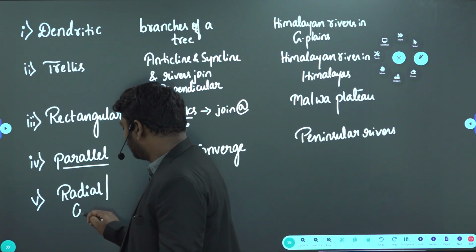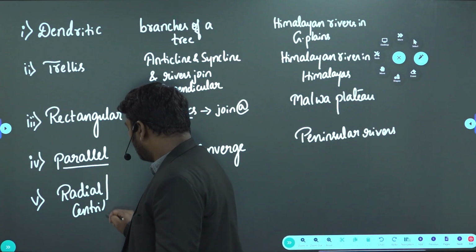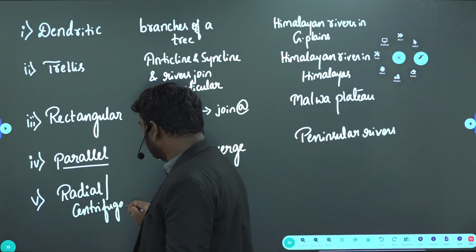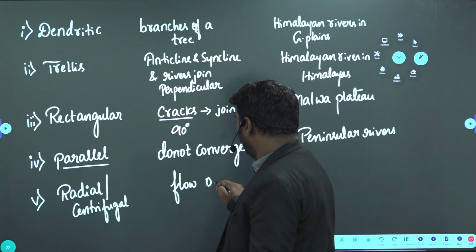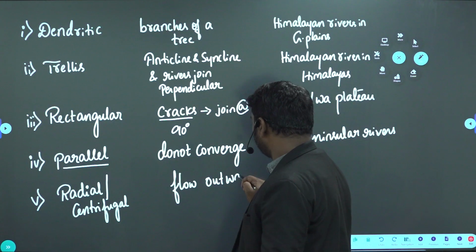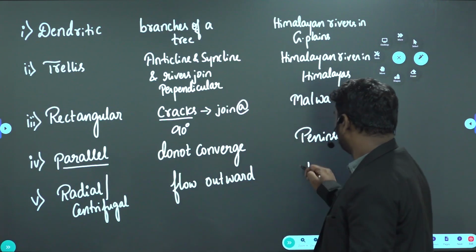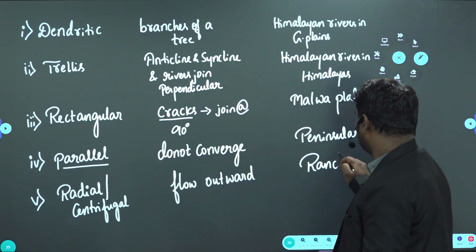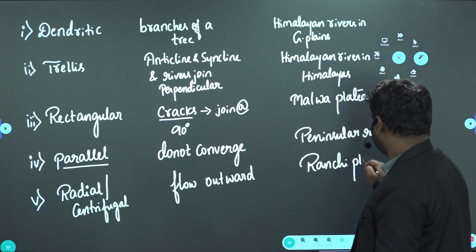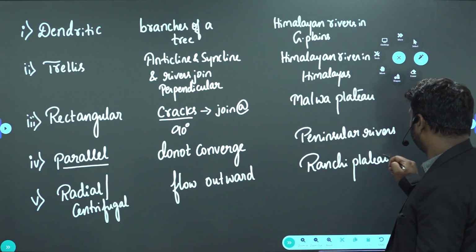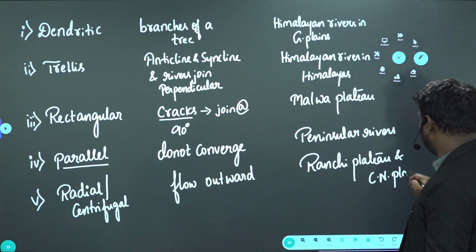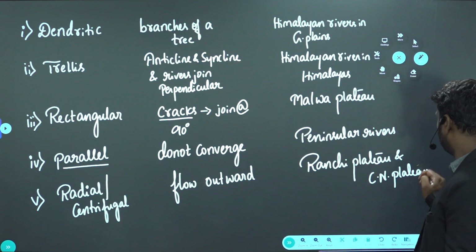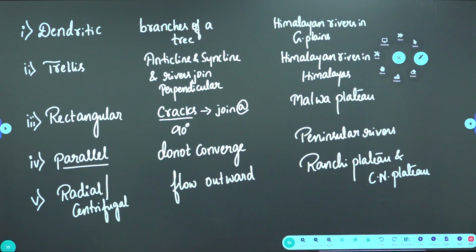Radial or centrifugal: flow outward. Ranchi Plateau, Chota Nagpur Plateau.